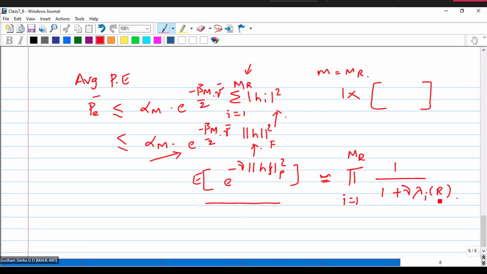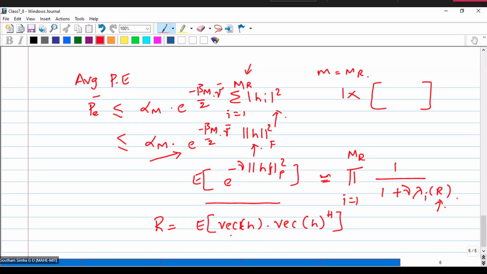What is that R? R is nothing but your covariance matrix. R is nothing but your covariance matrix. Now lambda, you know, is nothing but the eigenvalues. How do you find this R? R is equal to the expectation of vector H, that is the channel, into vector H Hermitian, if it is complex.